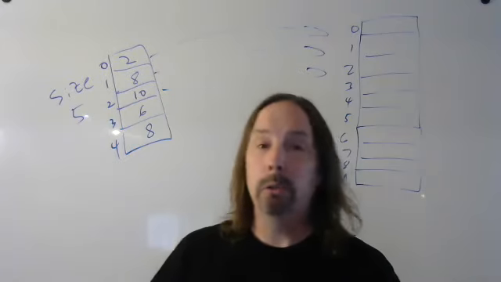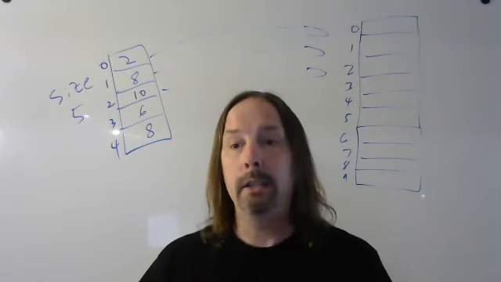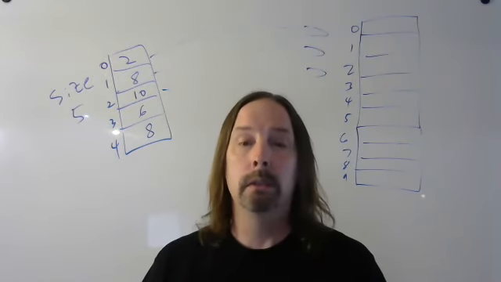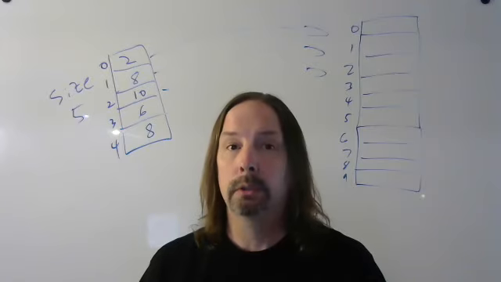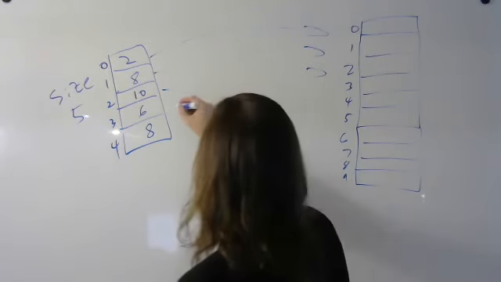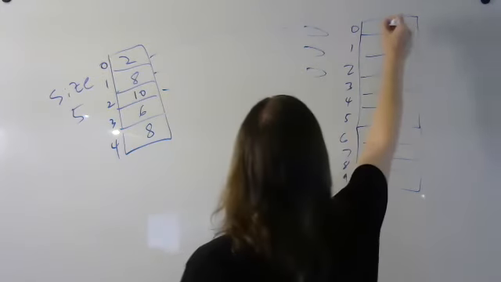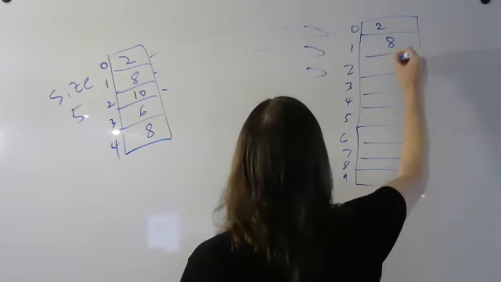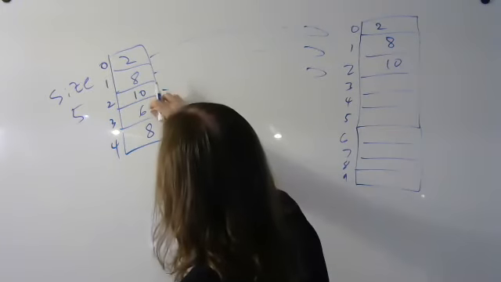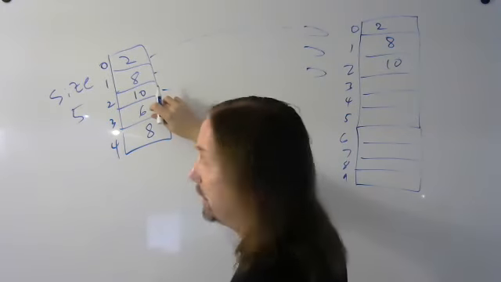And while we are doing that, we insert our new element where it goes, right? And so let's say we put the 2 and the 8 and the 10. Let's say we were inserting a 7 into place 3.